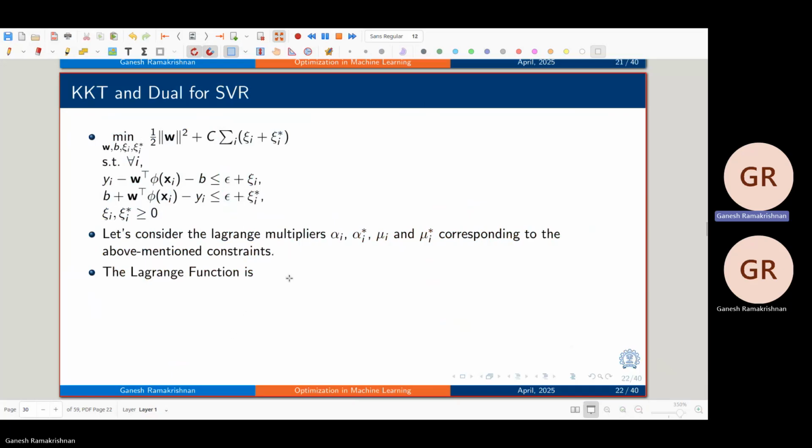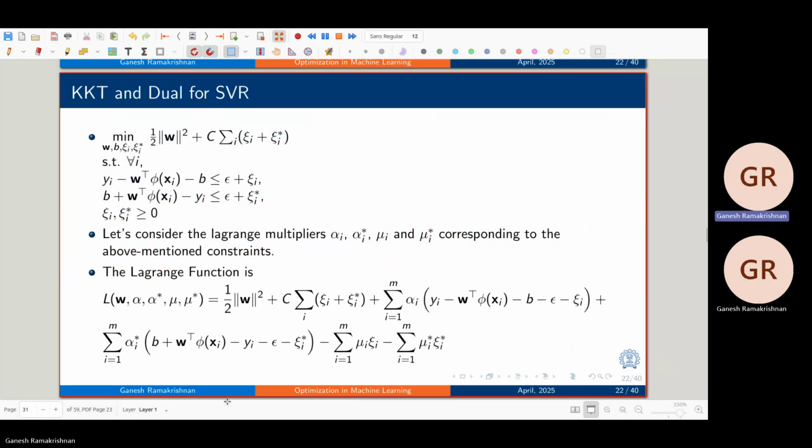Now if you consider the Lagrange multipliers, let's say alpha is the Lagrange multiplier for the first set of inequalities, one inequality for each point I. Alpha star is for the second inequality, mu I for xi I greater than equal to 0, and mu I star for xi I star greater than equal to 0. You have four sets of Lagrange multipliers, lots of them.